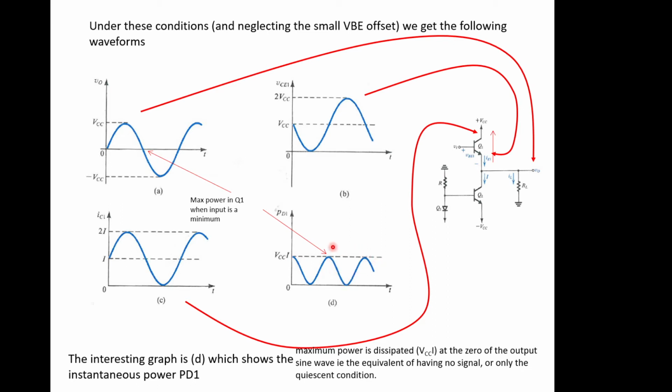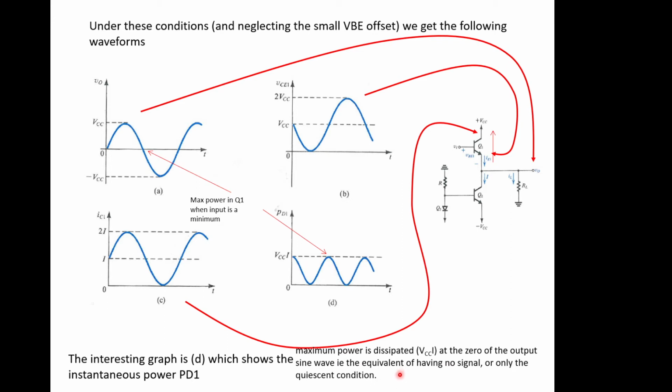The interesting thing is that this is a peak. This power, VCC times I, which is the peak power, follow the blue line, occurs when the output voltage is 0, i.e. no signal. So the maximum power is dissipated at the zero of the output sine wave, which is the equivalent of having no signal.